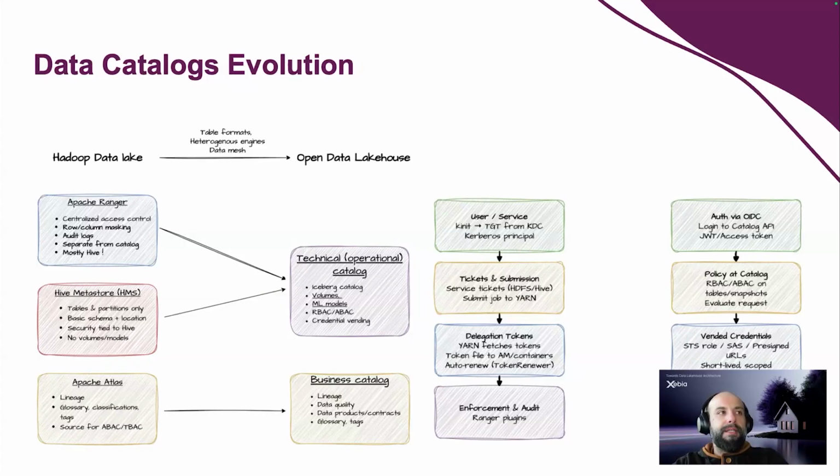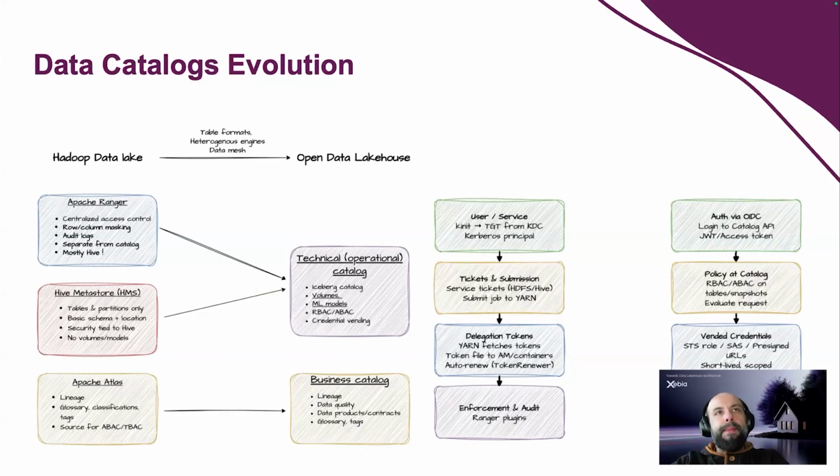That was Apache Ranger, which was primarily used as an access control application, mainly for enforcing security. It was also capable of some column masking and row masking. It has built-in audit logs.